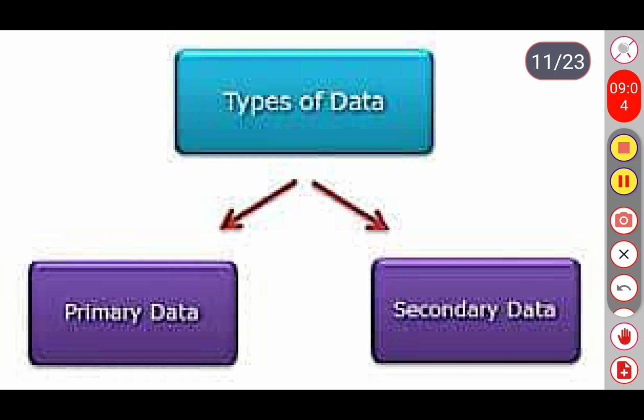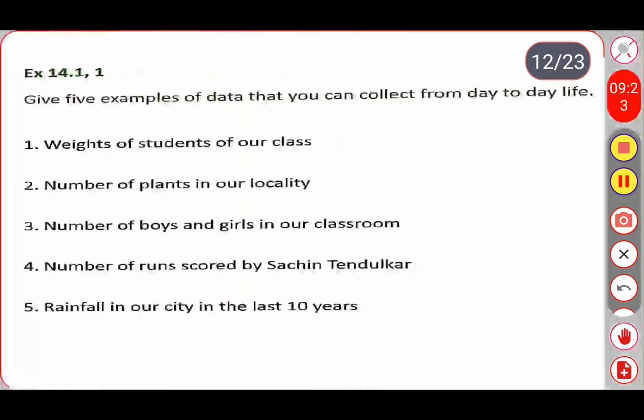So all these data you can obtain from outside sources like internet, magazines, newspapers and some recognized offices. Okay, so this is the information about data. Let's see the 14.1 first question of your exercise.